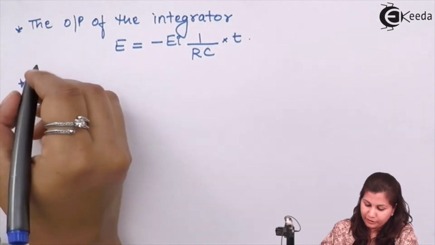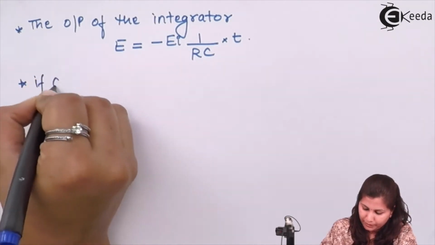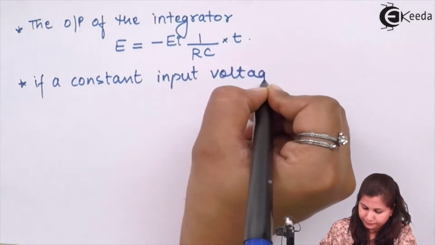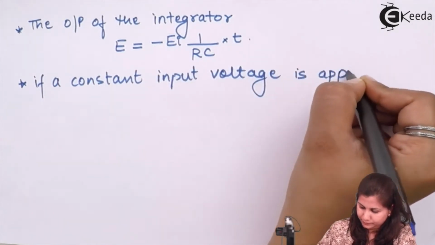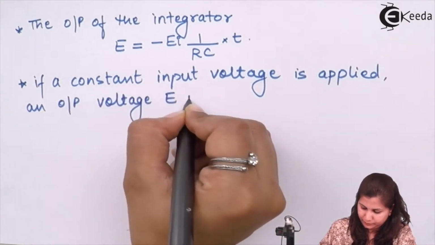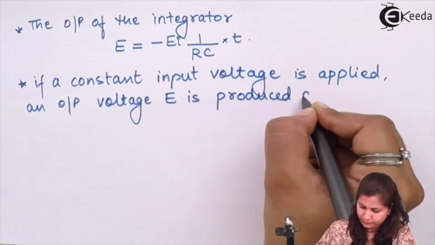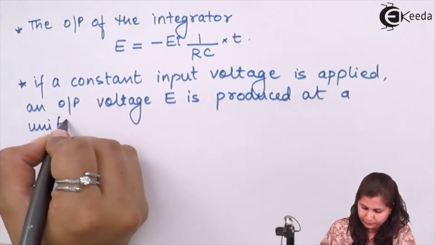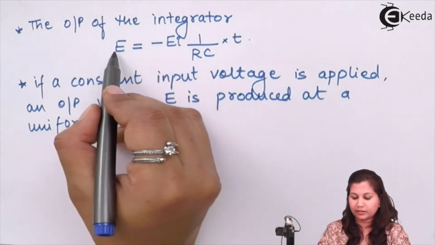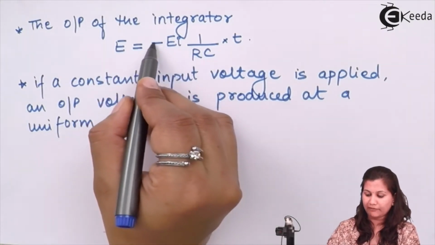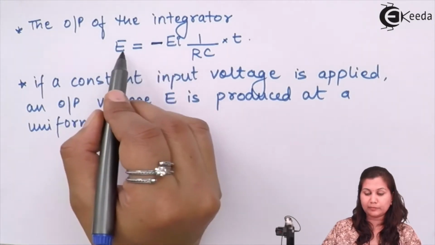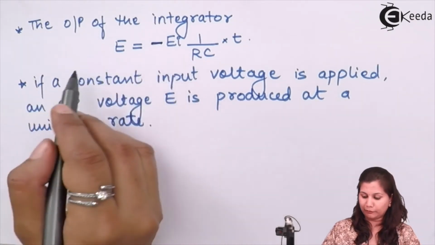Also, you can see that because we have a negative sign, there is a polarity difference between the input voltage and the output voltage.